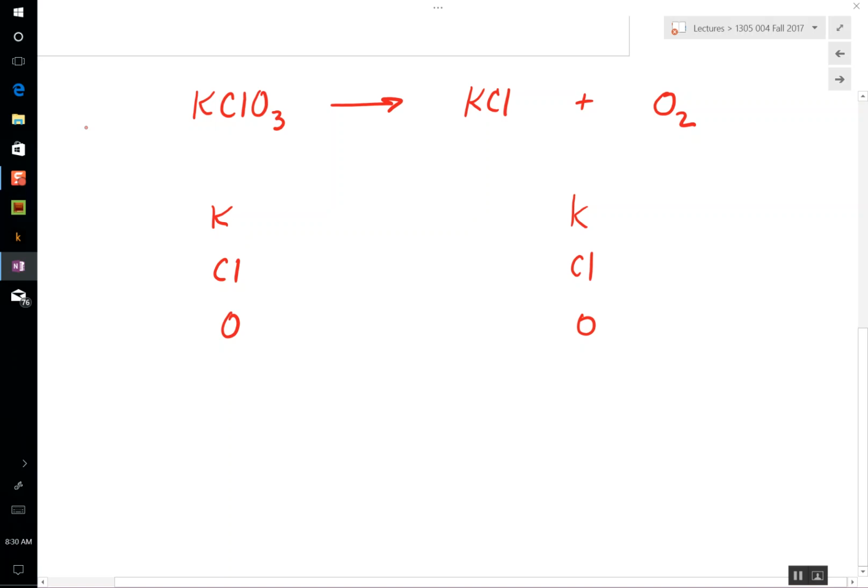I'll take that 2 off there. I think that's a coefficient. You don't have 603s.